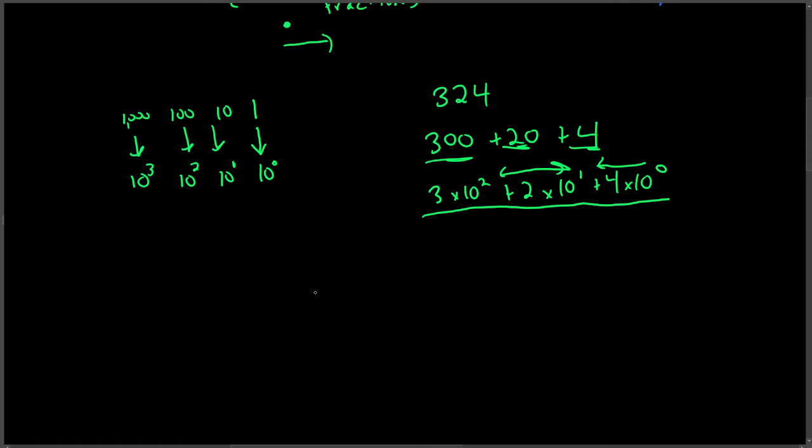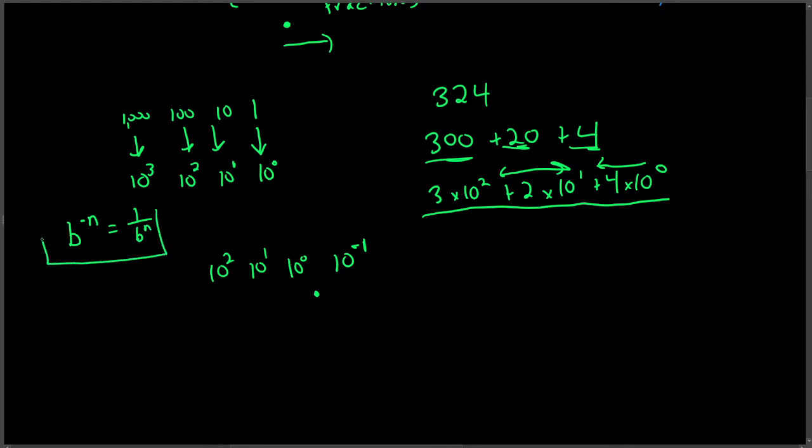So if we start looking at the decimal point, if this is 10 to the 0, and this was 10 to the first, and this was 10 to the second for the place value, then continuing downwards, this would have to be 10 to the negative first. And our power rules say that anything to a negative power is the same as 1 over that power.